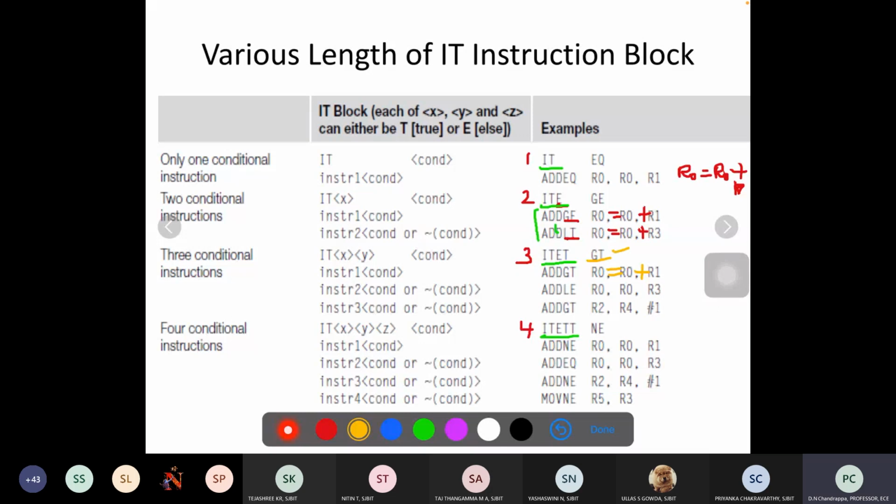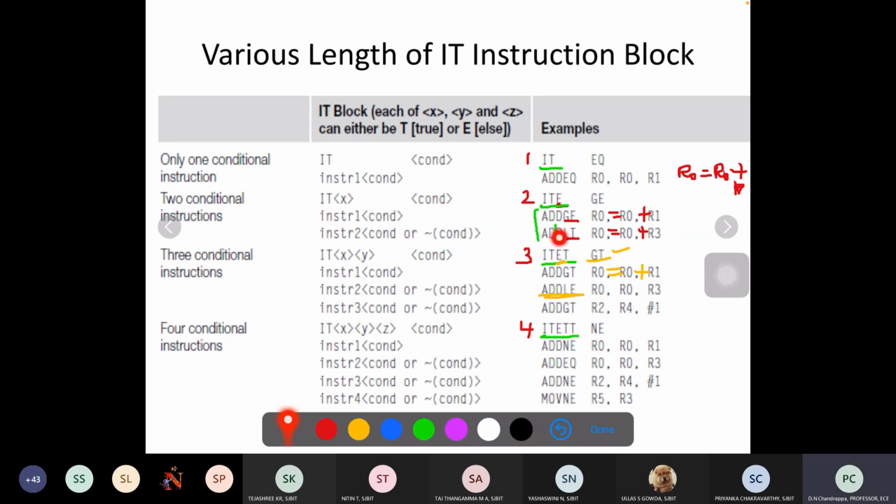If not satisfied, because you have an else statement, E is there, else goes to this one, E, ADD less than. So if it is not greater than, if x is greater than y, not equal, x is less than y, it's the next condition. So you go to this less than. If not greater than, you go to a less than. So R0 equal to R0 plus R3.